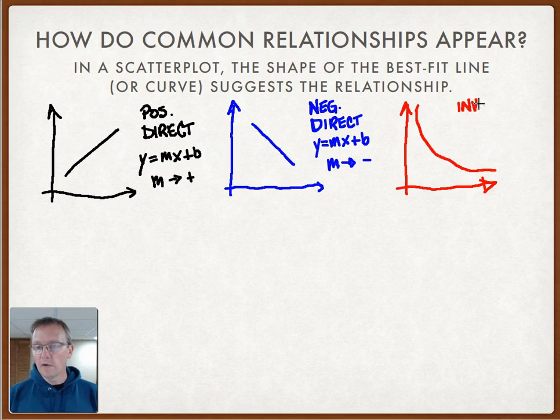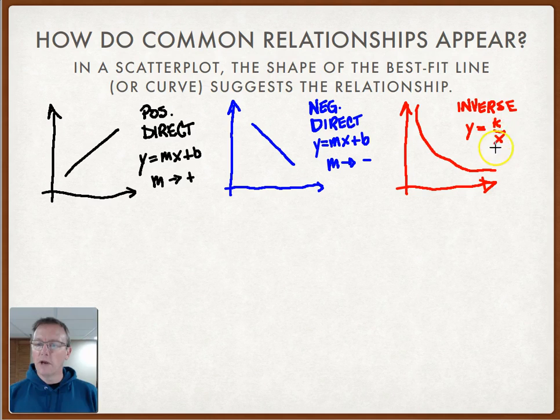You have to be careful between negative direct and inverse. They are similar in some ways, so you have to be very careful about them. But an inverse relationship has a different formula, and it is y equals k, some value k, over x.